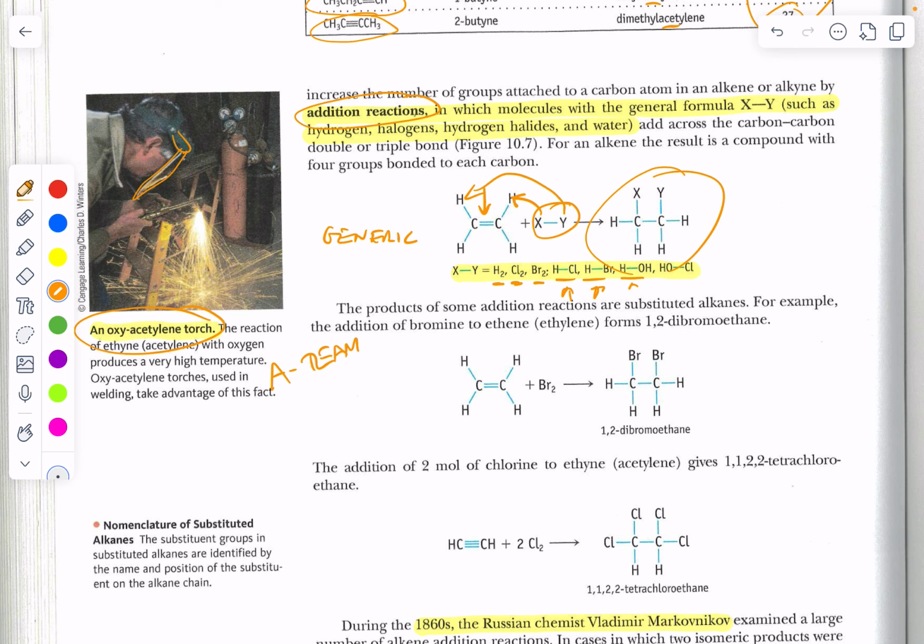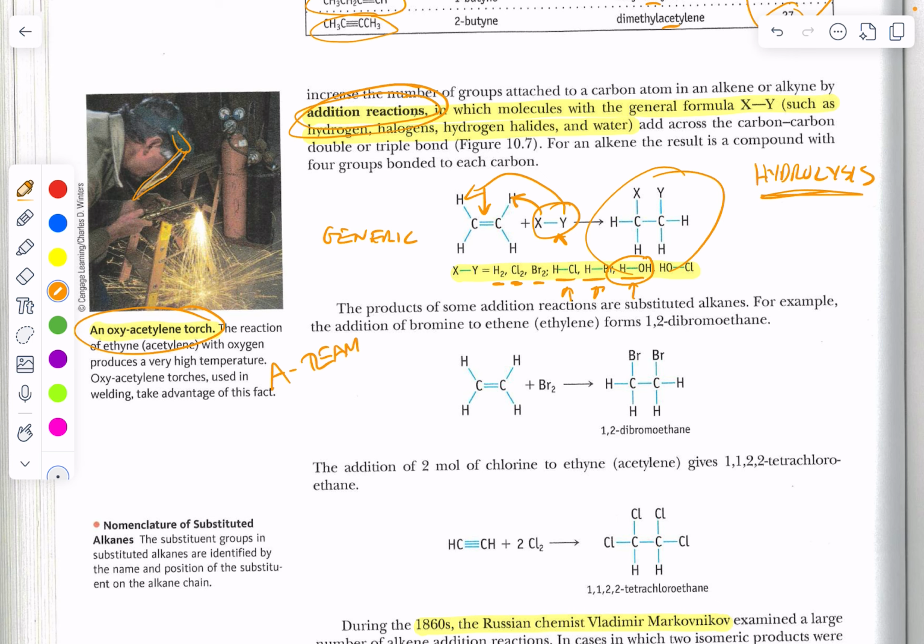Here we have just basic water, H2O, otherwise known as hydrogen hydroxide. And if you added hydrogen hydroxide up here, we would call this hydrolysis. So hydrolysis would be a subset of an addition reaction, of the many different kinds of addition reactions. You can have hydrolysis when your small molecule that you're adding is water.